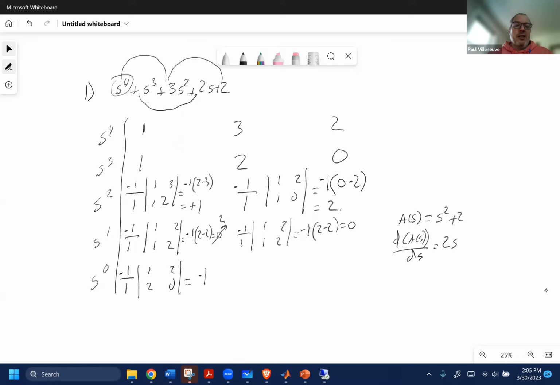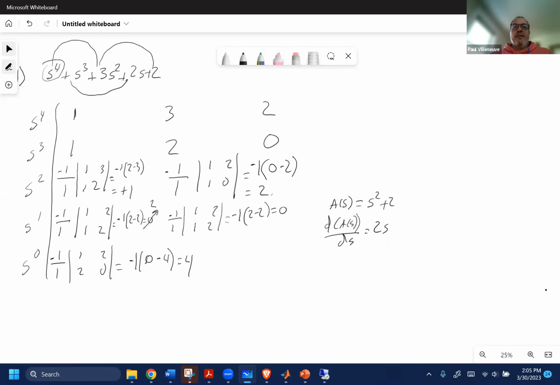Yeah, minus 1 times 0 minus 4, which is equal to positive 4. So highlighting my first column, I have 1, 1, 1, 2, and 4. So the question on the table is, how many sign changes are in the first column?